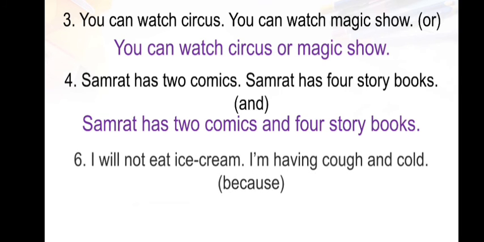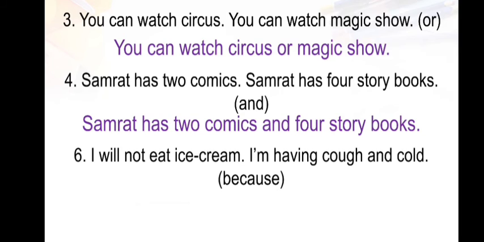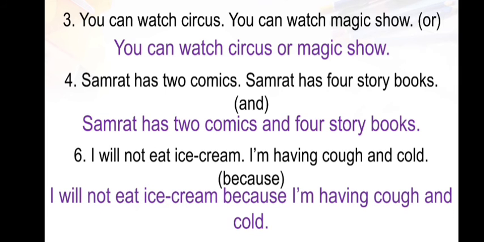The next sentences are I will not eat ice cream, I am having cough and cold, and the given conjunction is because. The answer is I will not eat ice cream because, and after because we will write down the reason, because I am having cough and cold.